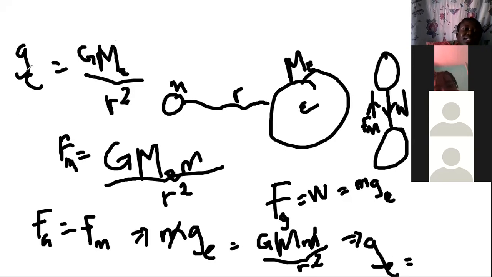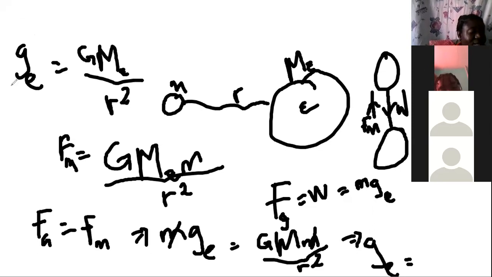What does it tell us? It tells us that anything which is pulled by the Earth has a gravitational acceleration due to the Earth.